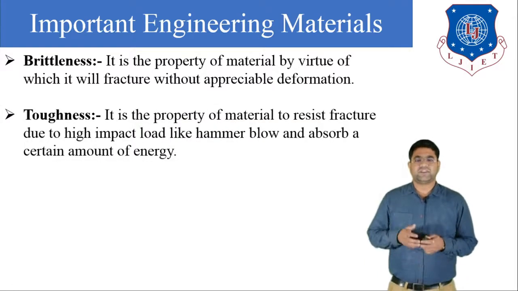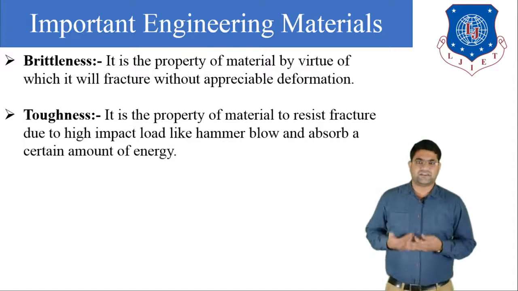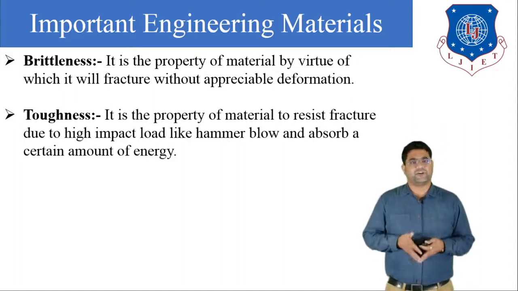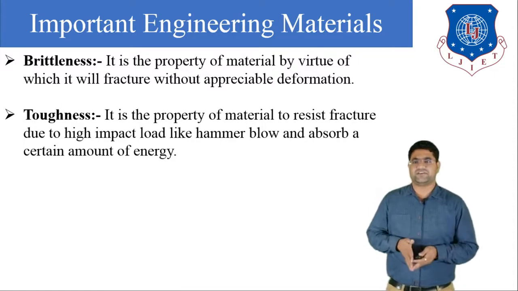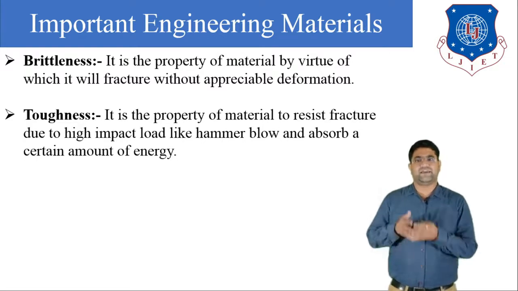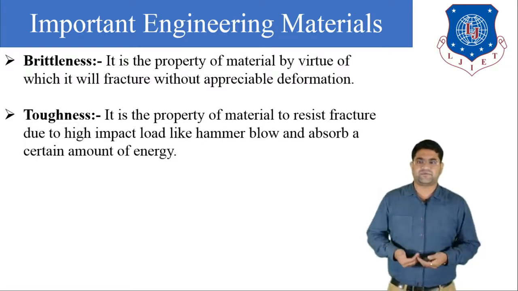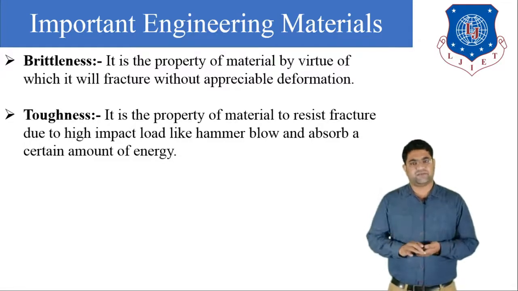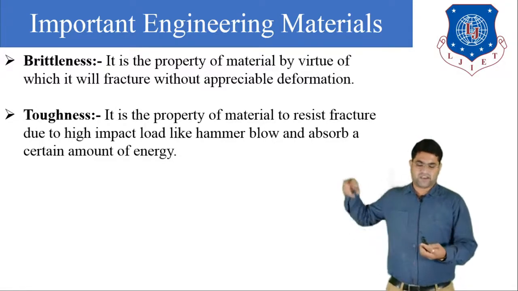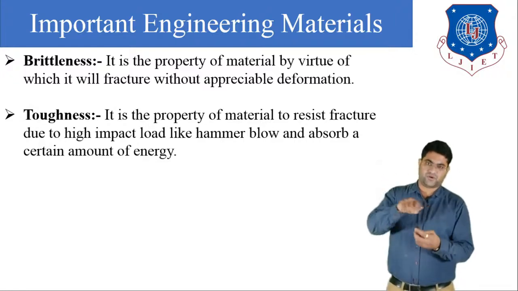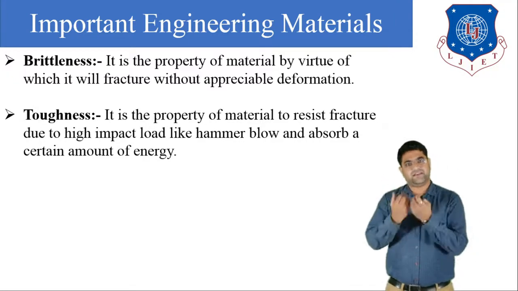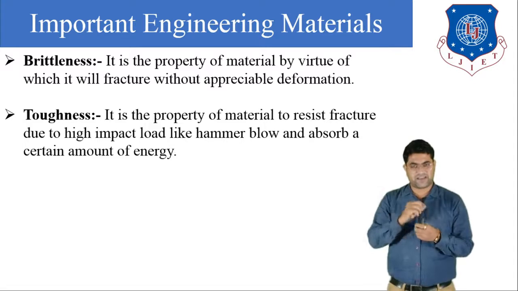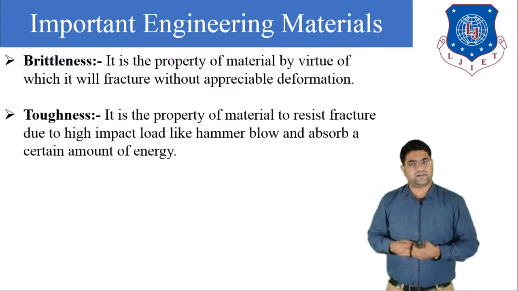Next is toughness. So what is toughness? Toughness is the property of the material to resist fracture due to high impact load, like a hammer blow, and it absorbs a certain amount of energy. Let us take one example. If you take one element and apply an impact load over the element, then the energy absorbed by this element is known as the toughness.